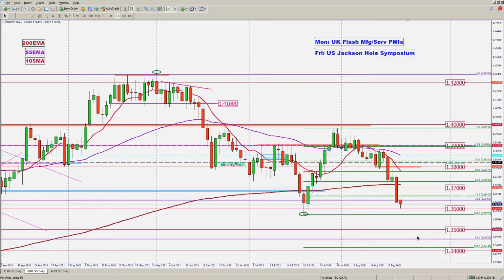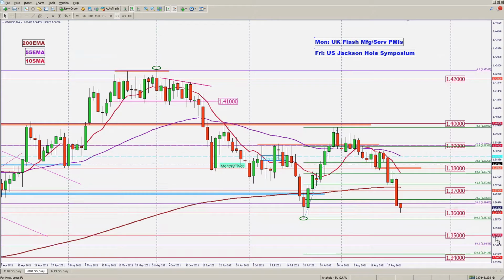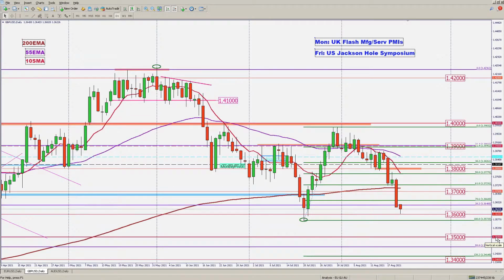And the next 50 fib retracement is going to be at the 134.56 area. So that could be another intermediate level to find support. And it's just above the 138 fib extension as well.